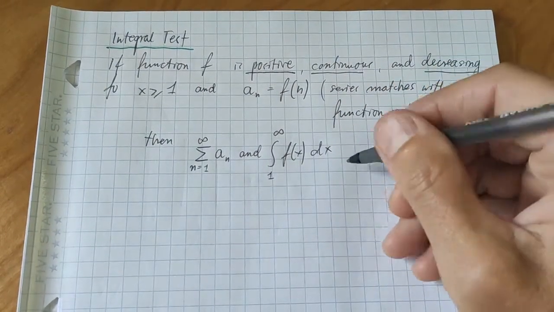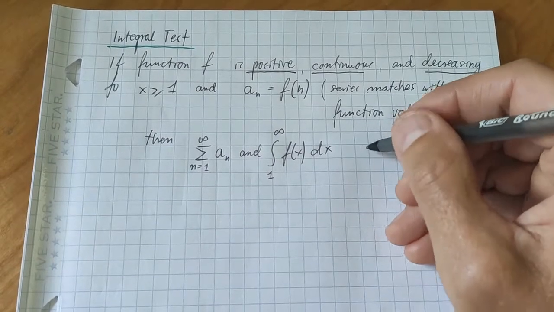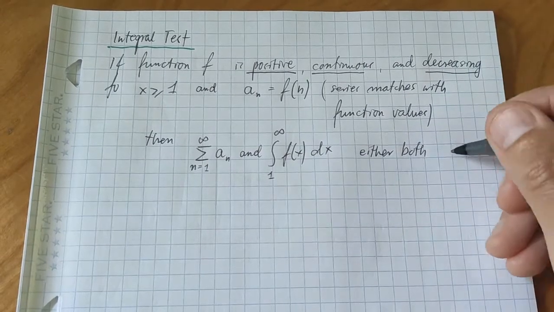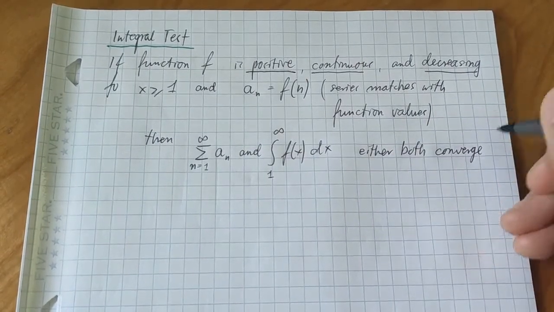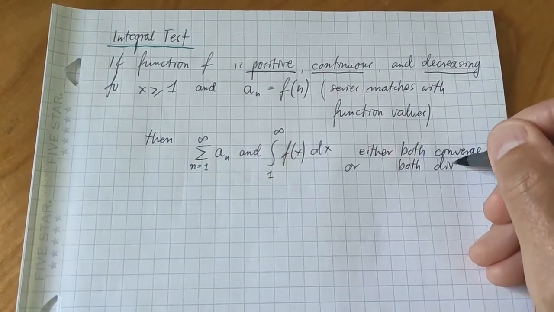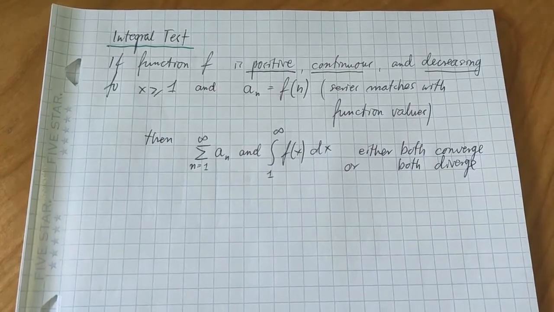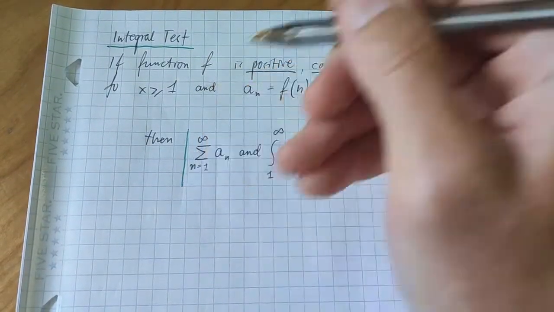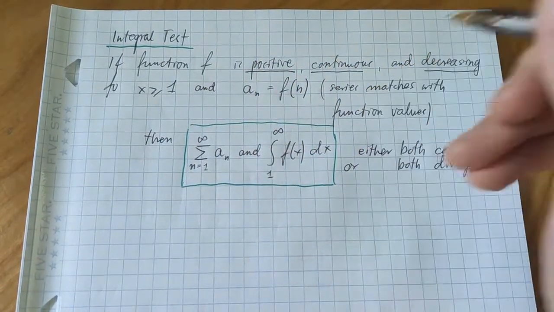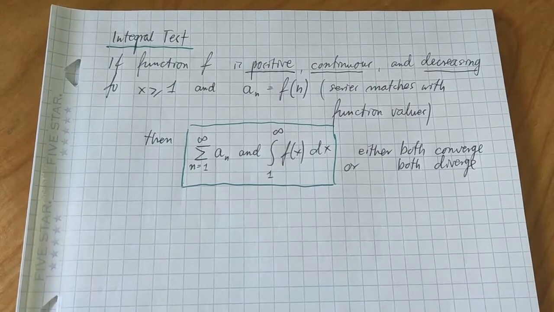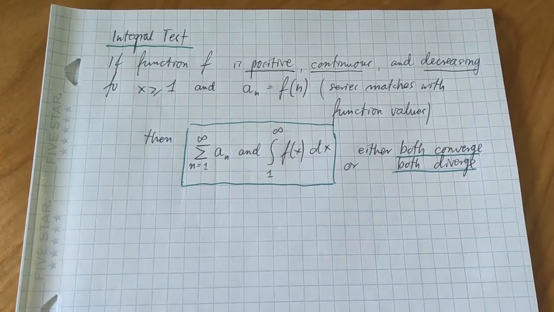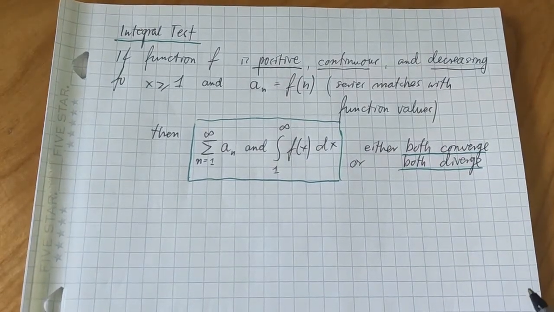So now they either both converge or both diverge. Okay, so I hope this is clear. I'll give you a bunch of examples, and hopefully that will clarify things a bit.